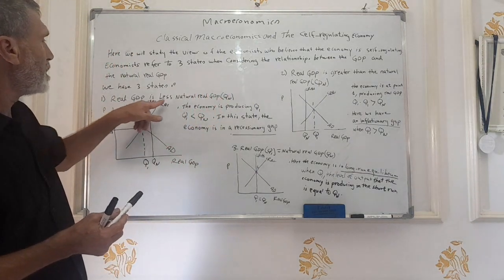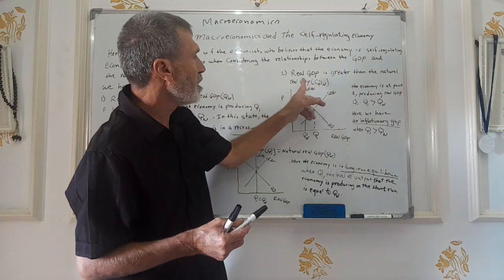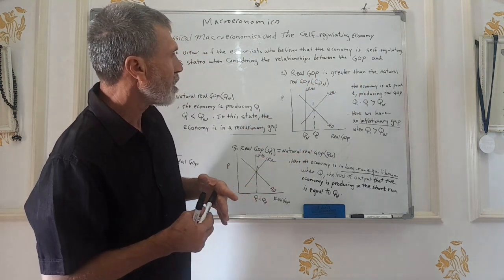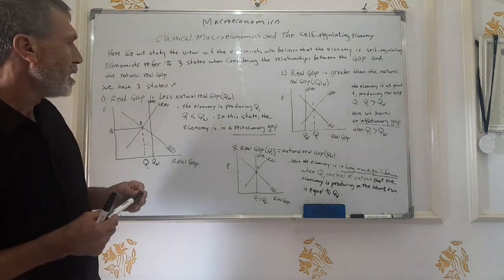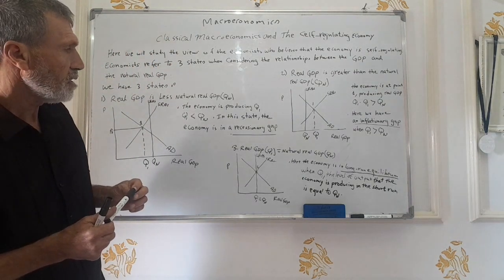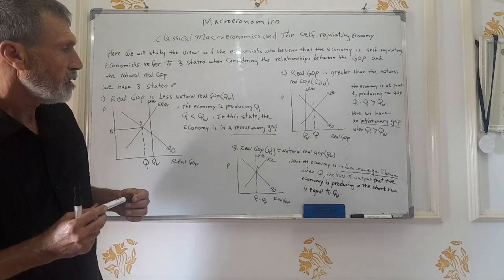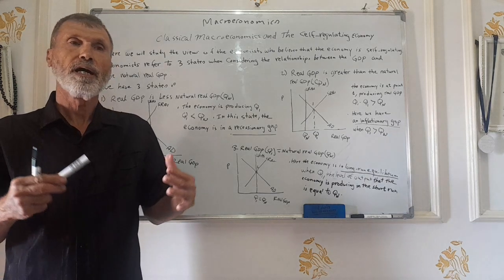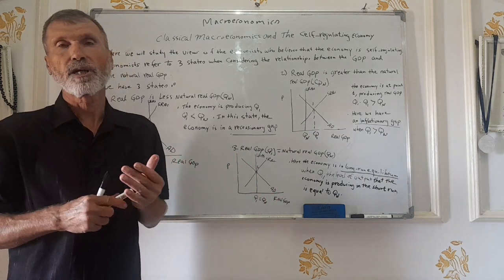State 1: real GDP is less than natural GDP. State 2: real GDP is greater than the natural real GDP. State 3: real GDP is equal to the natural real GDP. These are the three states in the economy that classical economists consider when looking at the relationship between the level of output in the short run and the natural real GDP.